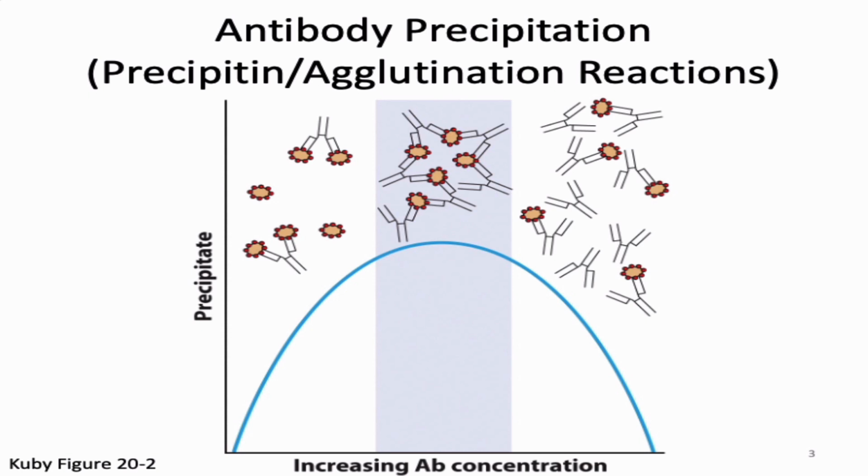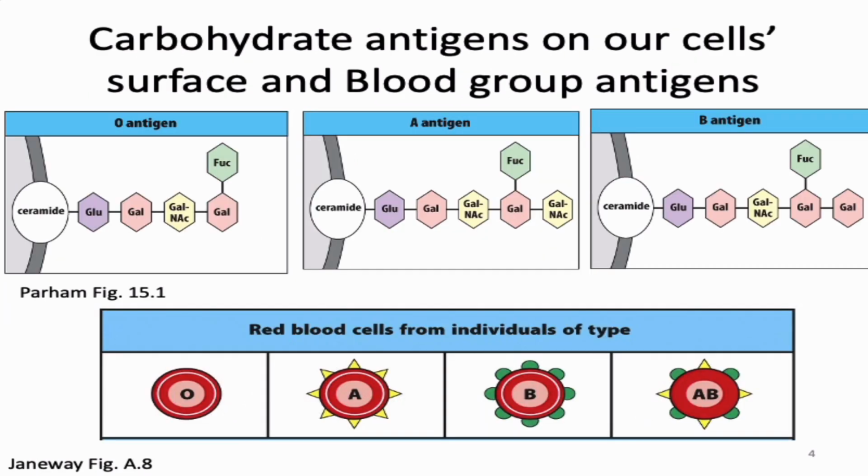This probably sounds very old-fashioned and not useful, but this is done every day in the clinic. This is actually a very frequently done assay. And the place where it is done really frequently is dealing with blood group antigens. So all of your red blood cells have some carbohydrates on their surface.